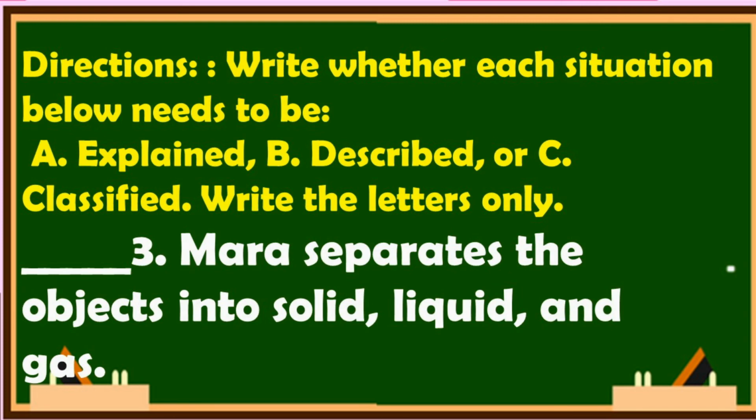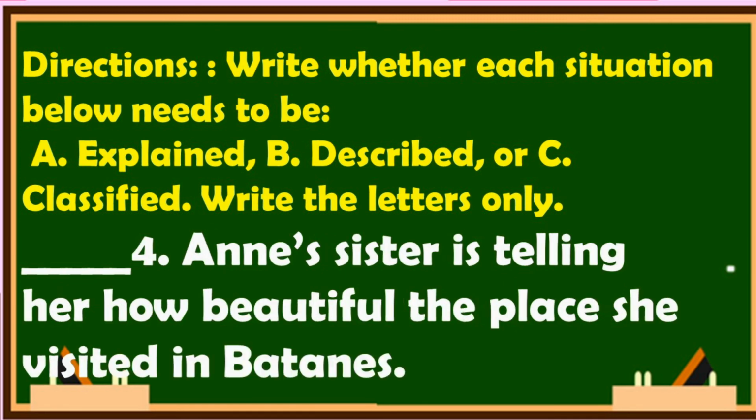Mara separates the objects into solid, liquid, and gas. What do you think is the correct answer? Yes, the answer is letter C, classified, because Mara grouped the objects into solid, liquid, and gas.